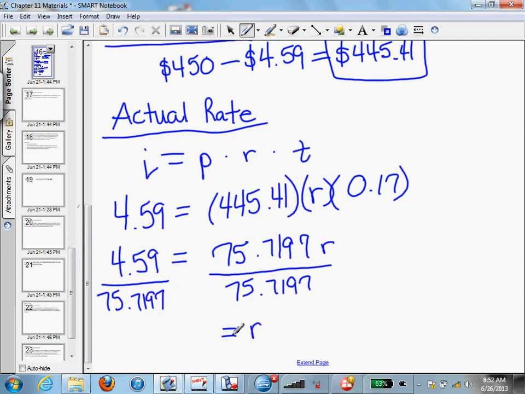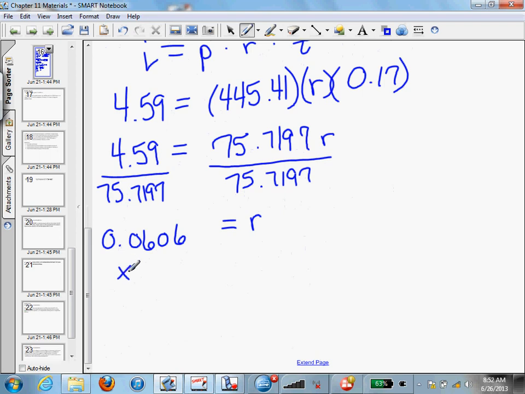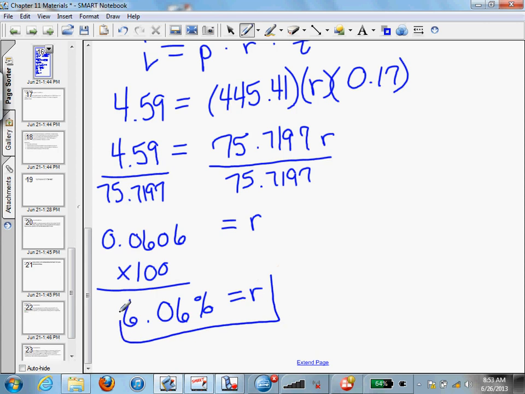It's going to leave us with R equaling 0.0606. So we just have to multiply this by 100 to get a percentage. That helps us better understand what we're talking about. And when we do that, we get 6.06% equaling R. And that's the actual rate of interest she paid.